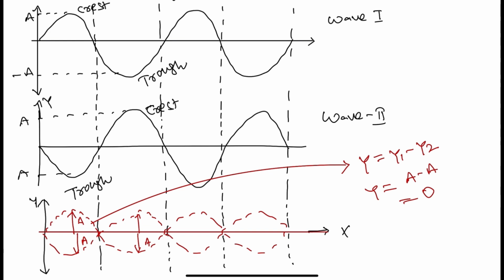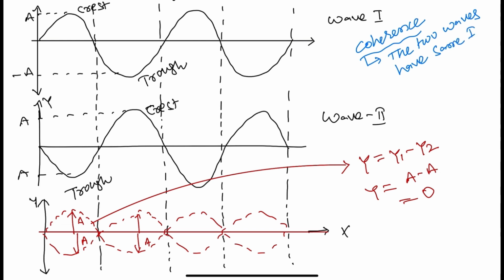Now here I can introduce a new term: coherence. Coherent waves means the two waves have the same initial phase difference and the same frequency.